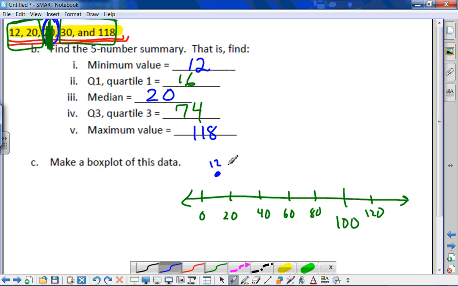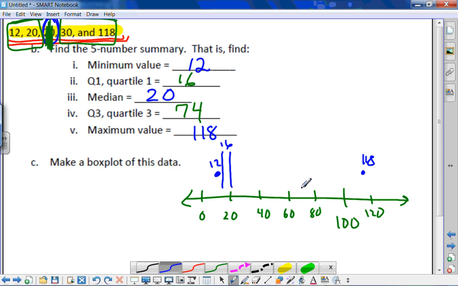Minimum, maximum. Quartile 1 is about 16. Median is 20.